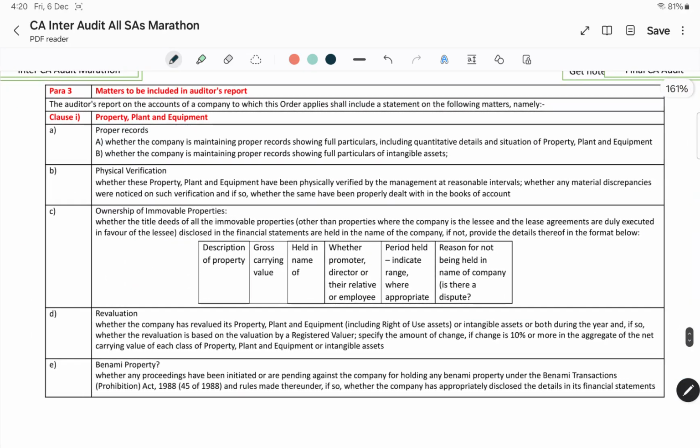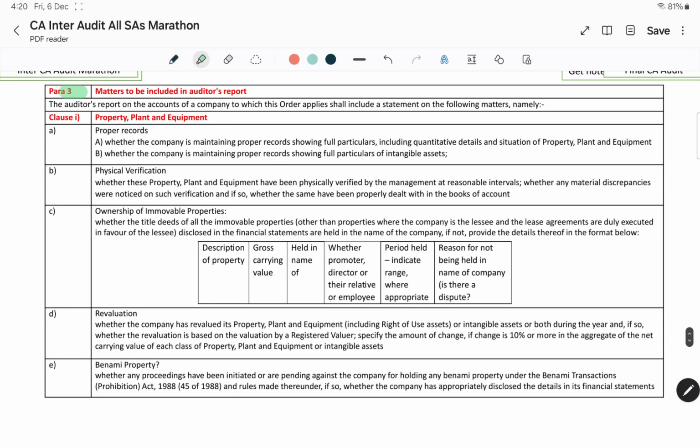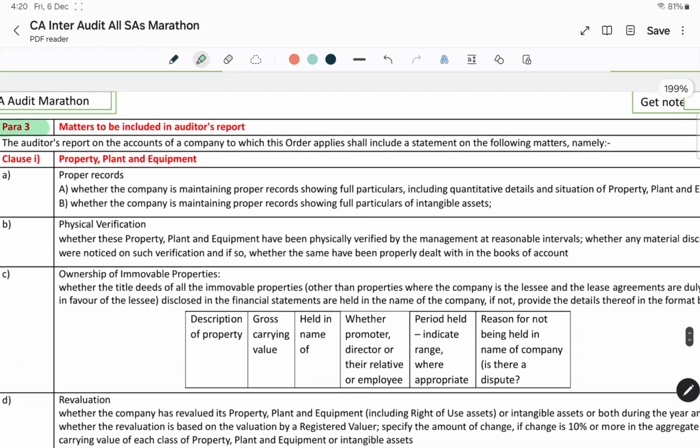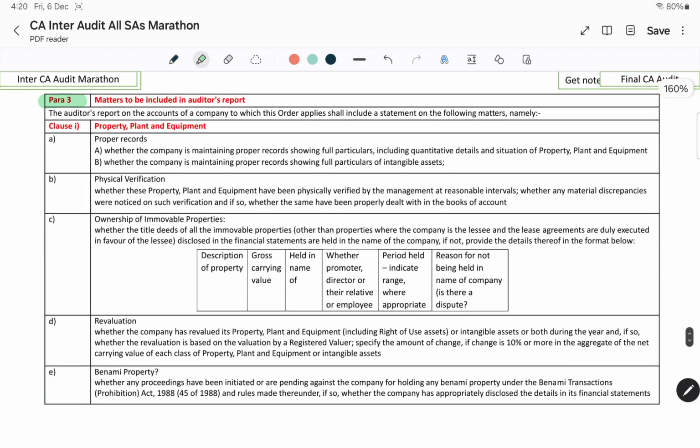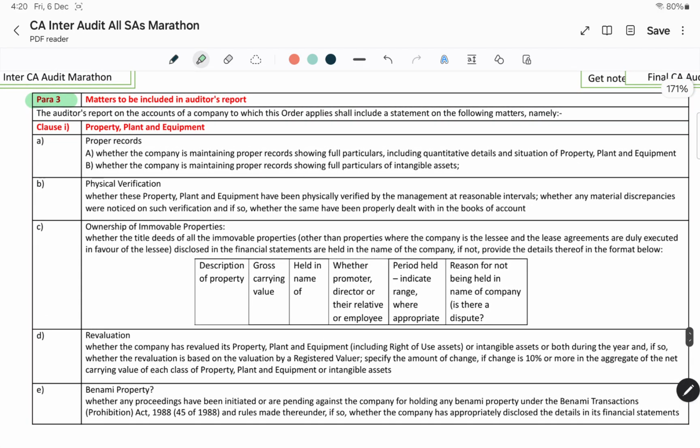Now we'll start with paragraph 3. Para 3: Matters to be included in the auditor's report. The auditor's report on the accounts of a company to which this order applies shall include a statement on the following matters, namely, first, Clause 1 is the property, plant and equipment.